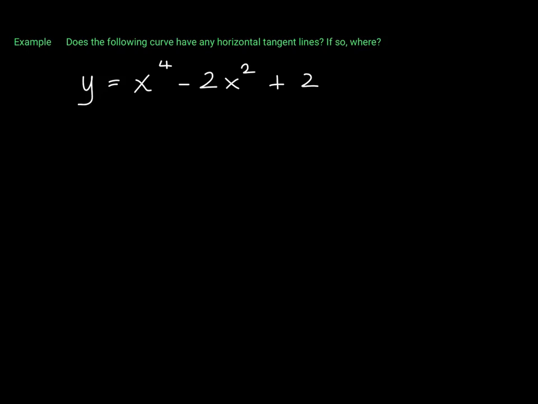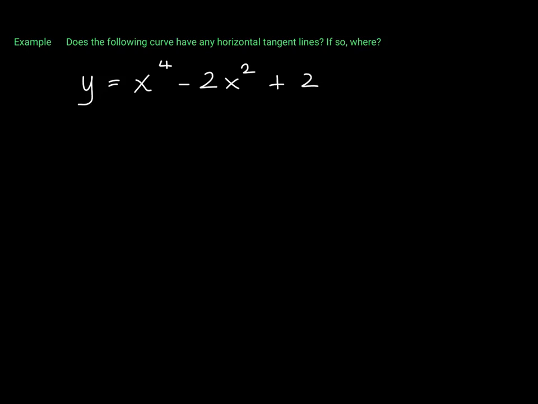All right, cool. Let's look at this example. Does the following curve have any horizontal tangent lines? If so, where? I like this problem a lot. The idea here is if this curve has any horizontal tangent lines, that means the derivative of this quartic polynomial function would have to be equal to 0.